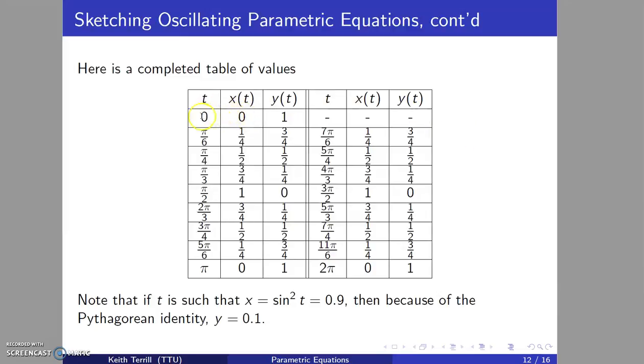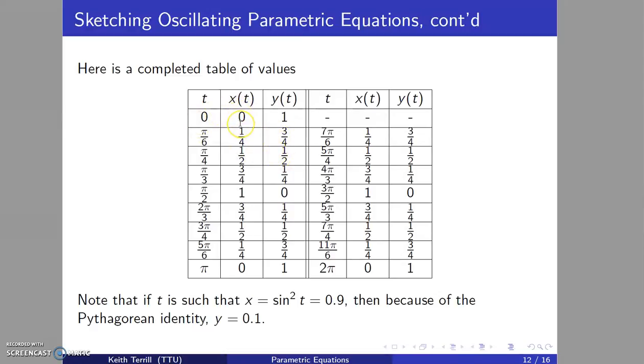And interestingly enough, as we go around, you're going to want to, again, stop and think about this for a minute. When t is 0, sine squared is 0, cosine squared is 1. At t is pi over 6, sine squared is a fourth, right? Because sine of pi over 6 is a half, that squares to a fourth. Cosine of pi over 6 is root 3 over 2, squares to 3 over 4.